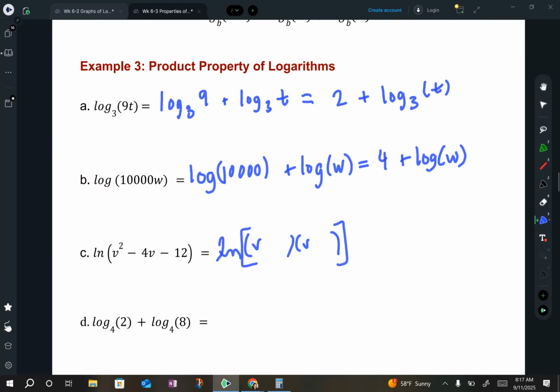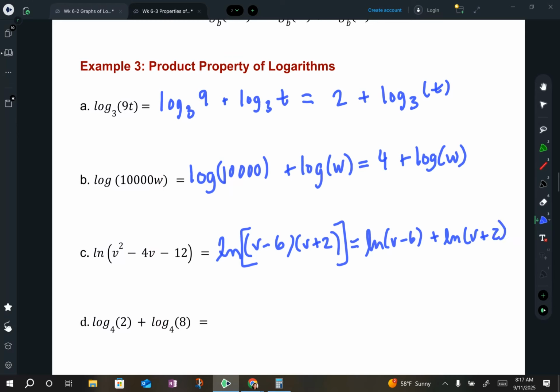What multiplies to negative 12 and adds to negative 4? I guess it would be v minus 6, v plus 2. So that's v squared plus 2v minus 6v gives us minus 4v minus 12. So now I do have a product, and I can use the product property. So that's the natural log of v minus 6 plus the natural log of v plus 2.